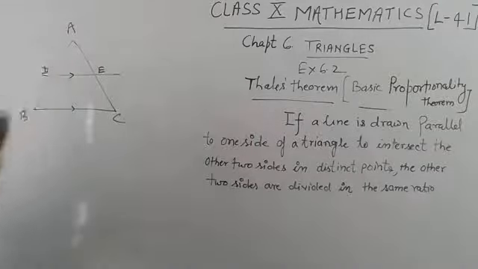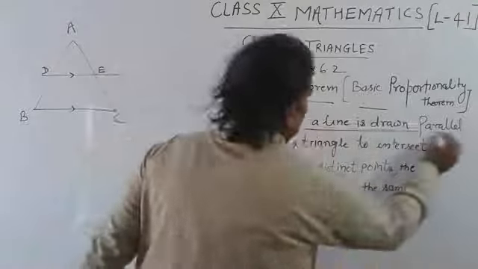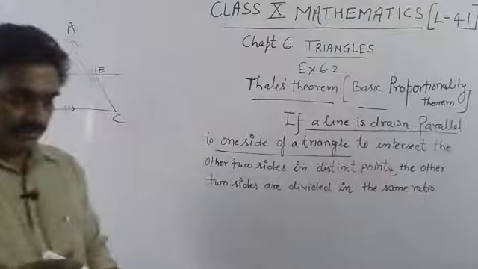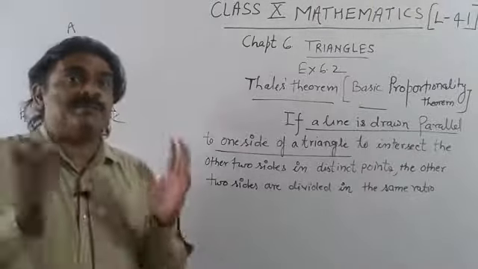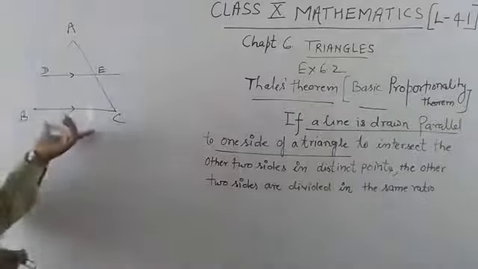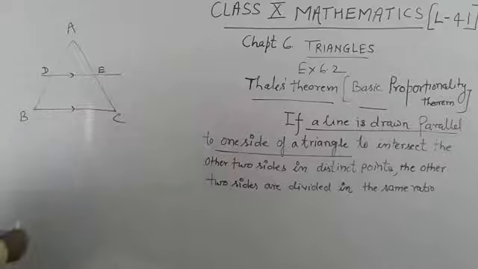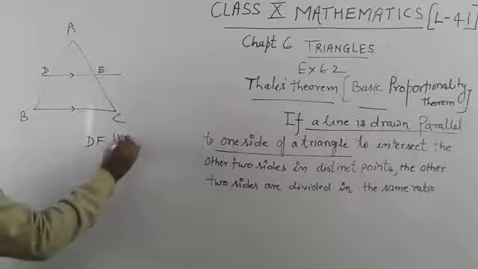We have a triangle ABC. According to this statement, a line is drawn parallel to one side of a triangle. We have to draw a line parallel to any one side of the triangle. So here we have a side BC and we draw DE which is parallel to BC. Students, here DE is parallel to BC.